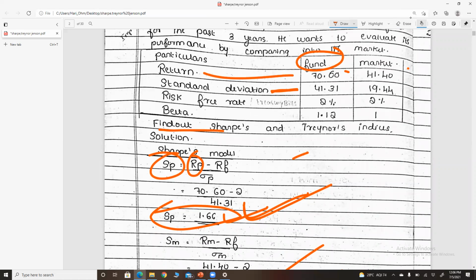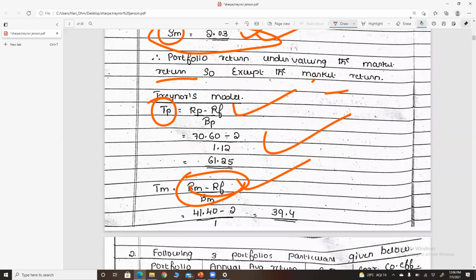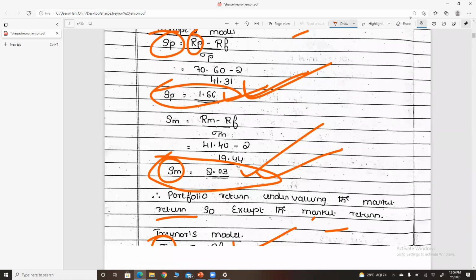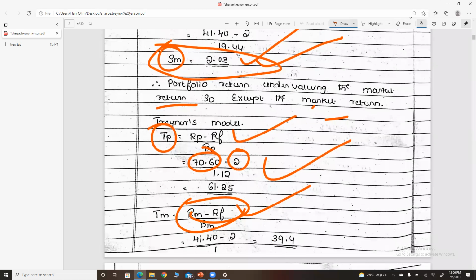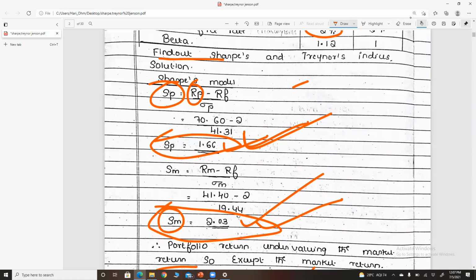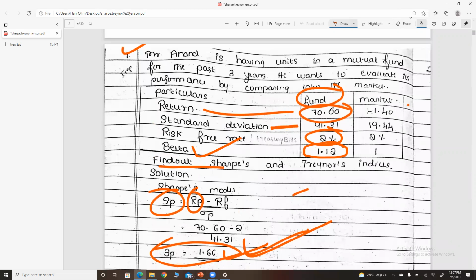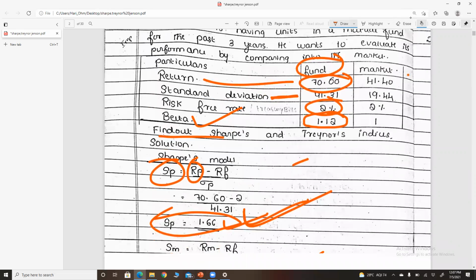Now the return is the same, 70.60. Even RF is the same, 2%. Then what is the change? Divided by beta. In Sharpe's method, you take the standard deviation of the portfolio. Here you need to take beta. This one, last row, that is beta. Beta is 1.12.